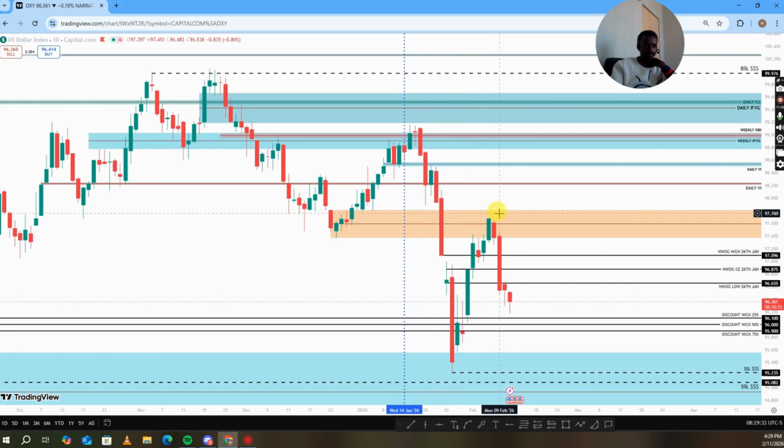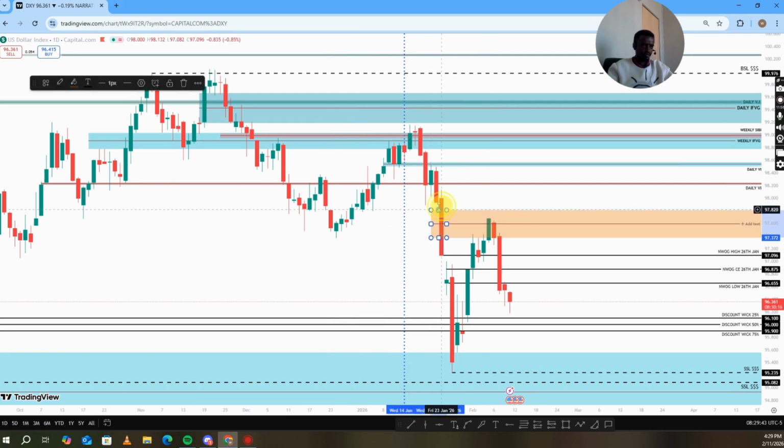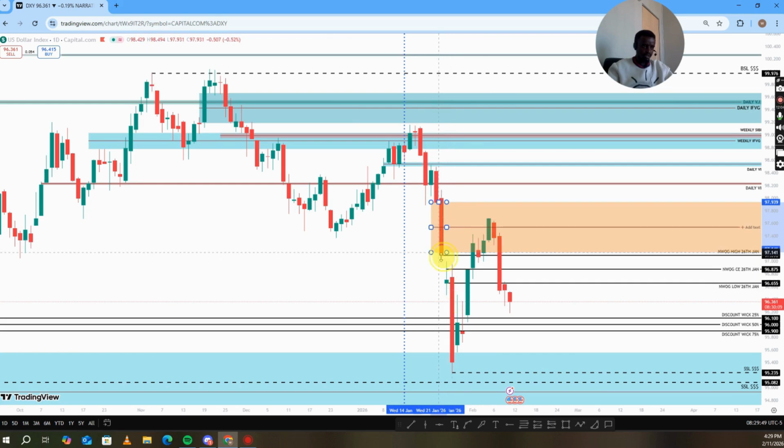So as you can see in this situation here, let me mark this fair value gap here. There's a fair value gap in there, and since we have this volume imbalance, we'll incorporate it as part of it.